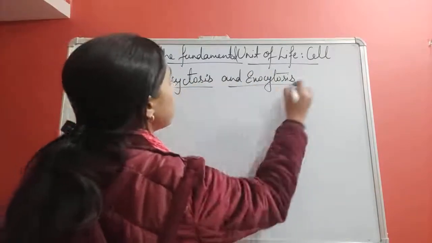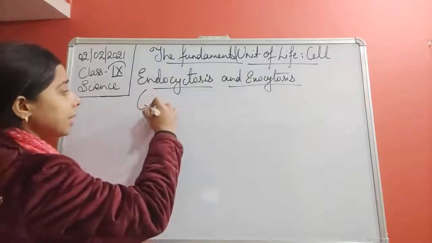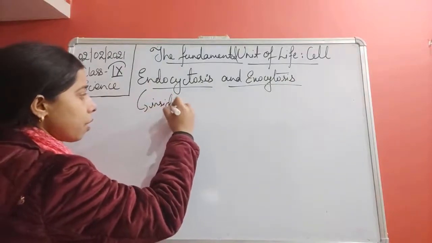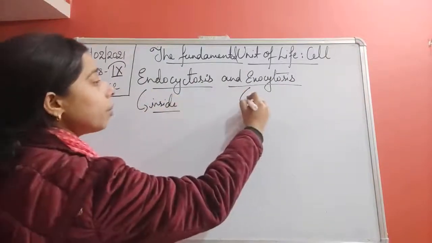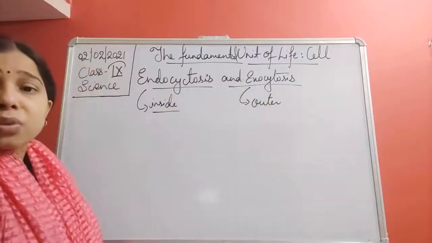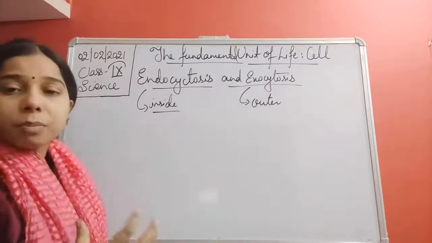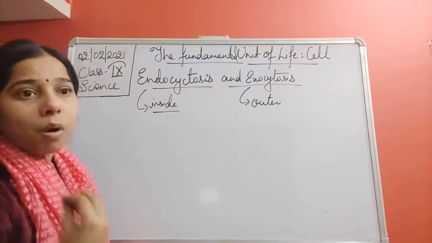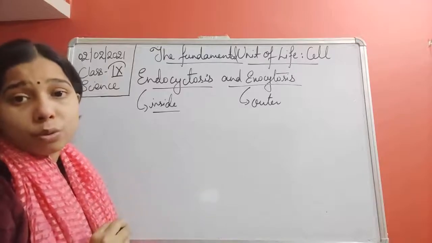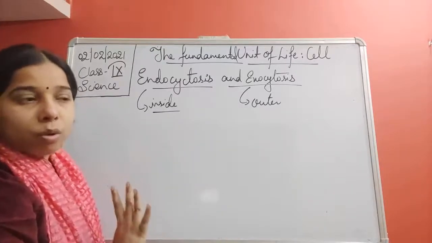If we talk about endocytosis, endo means inside, and exo means outside. Cytosis means related to the cell. So we can say that the process by which we make the molecules go inside the cell membrane is known as endocytosis.